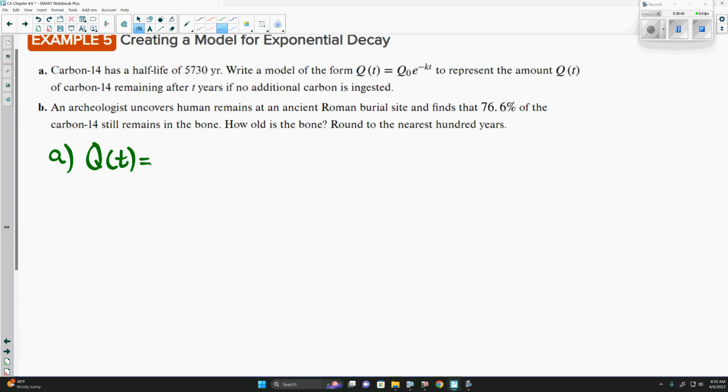Why am I missing one piece? Represent T, e, well, that's not Q naught. It is the half-life of this amount. So our e is going to be negative T over our 5,730.